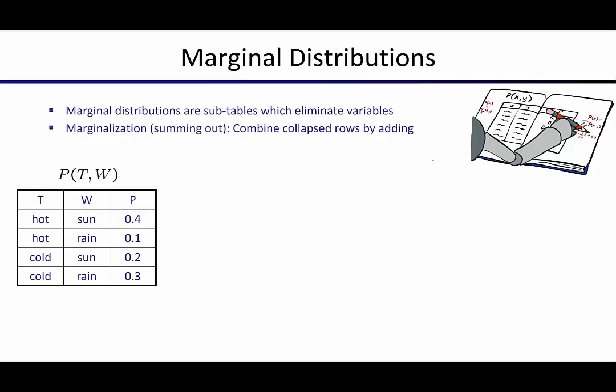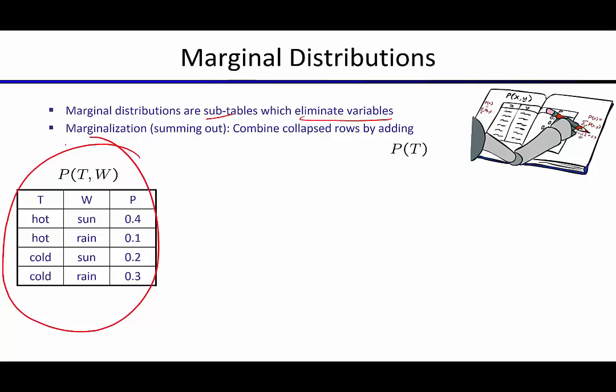All right, now let's move to marginal distributions. Marginal distributions are subtables, where we eliminate some of the variables from the joint distribution to get a smaller table. The way we eliminate them is by collapsing the rows where that variable is changing and adding things up. Let's look at an example. So let's say we start with a joint distribution over 2 variables, temperature and weather.